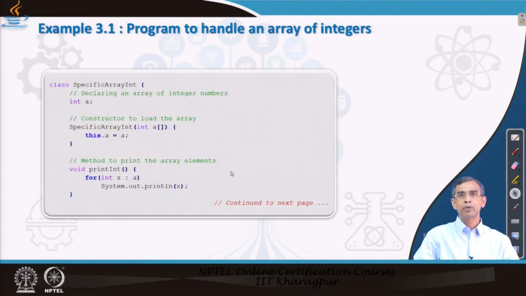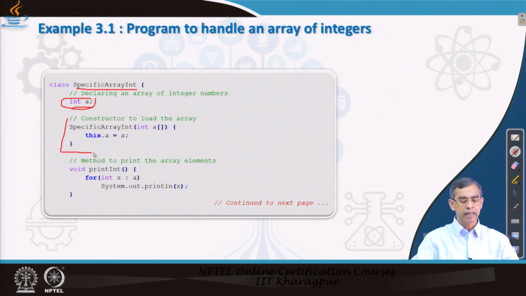Now, here is the program for you, very simple, that you can check. This is the class that we are going to define, and this integer array a means it will take only integer elements.